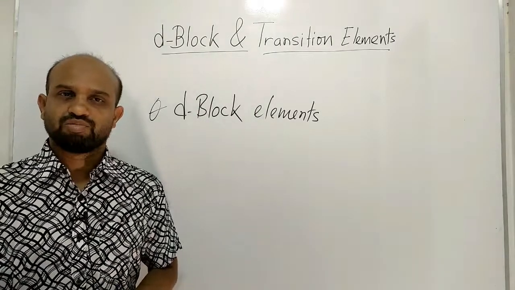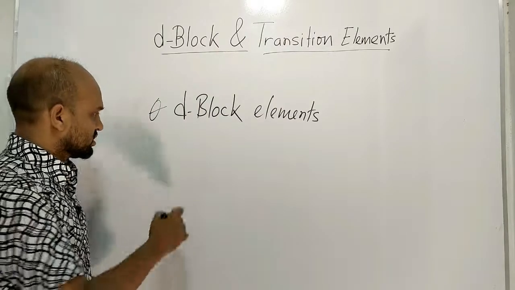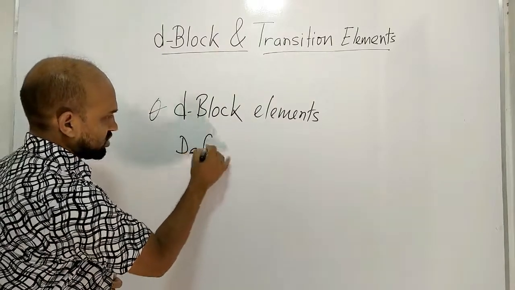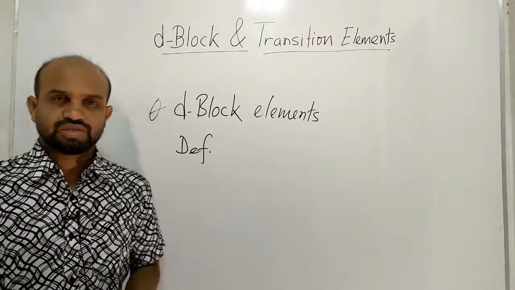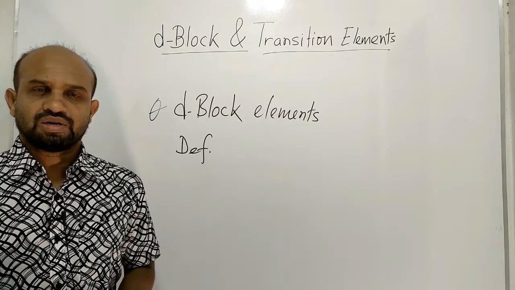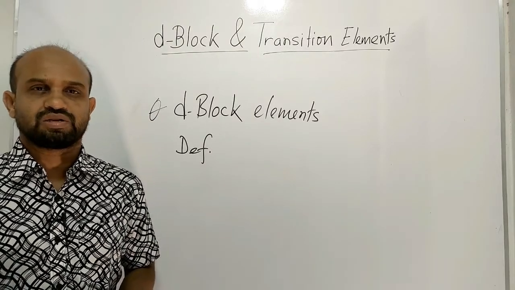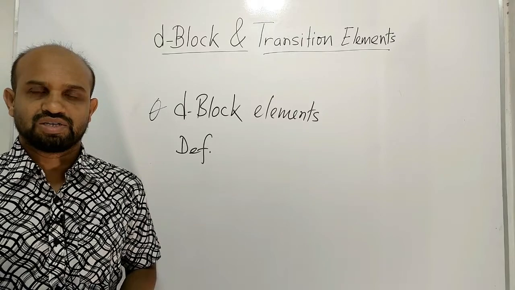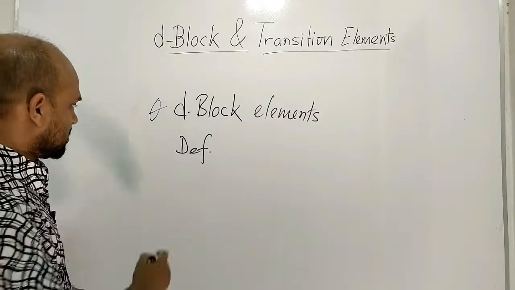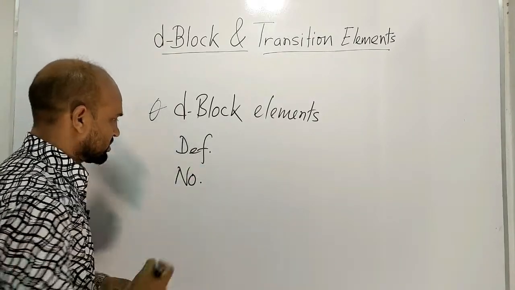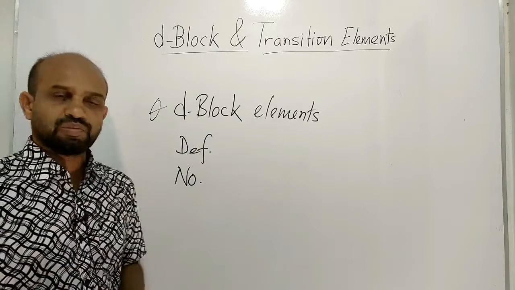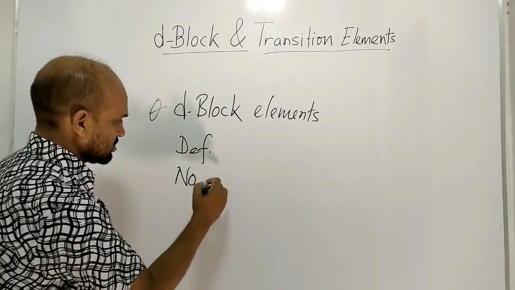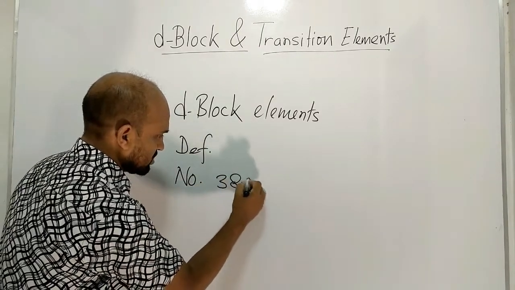What are D-block elements? First of all, let's see the definition of D-block elements. The elements in which last electron enters d orbital are called D-block elements. The number of D-block elements is, from the middle of the periodic table, 38 elements.